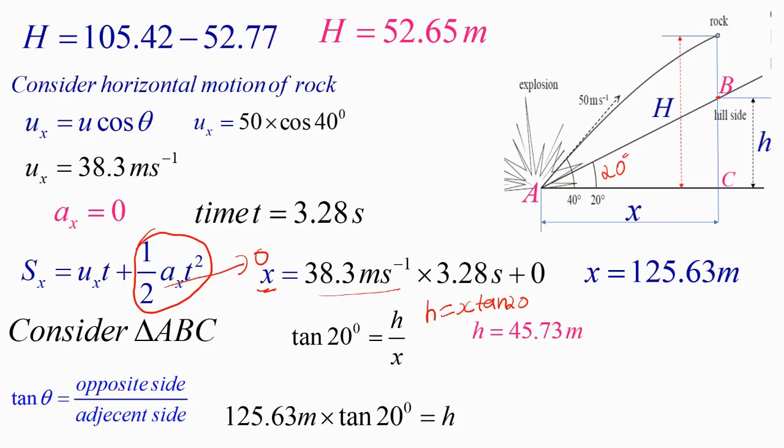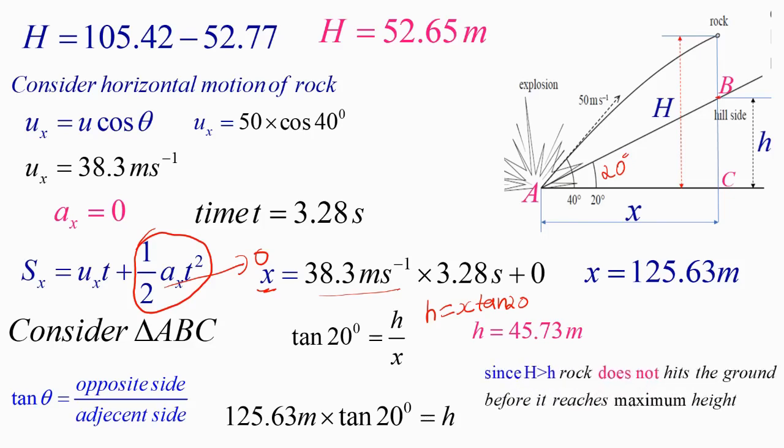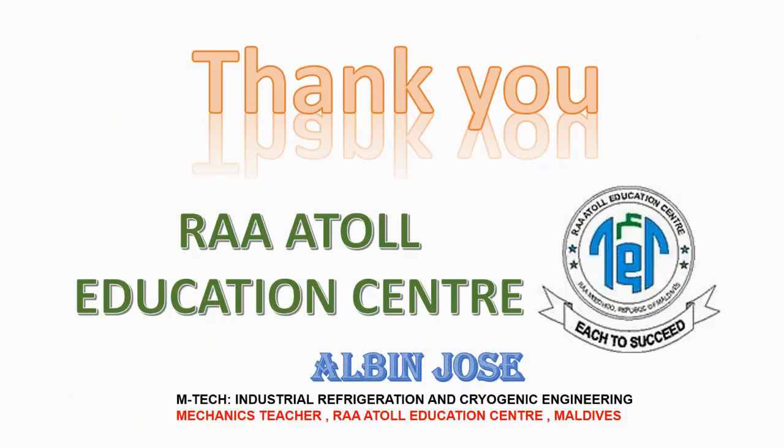So what we can conclude is that, since the maximum height is greater than the height of the hill, the rock does not hit the ground before it reaches the maximum height. Initially the rock achieves the maximum height, and then only it hits the ground. So thank you so much.